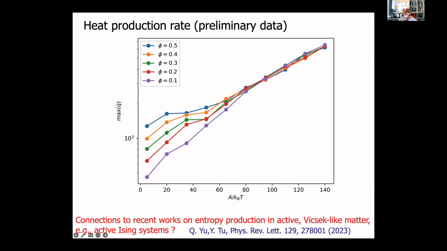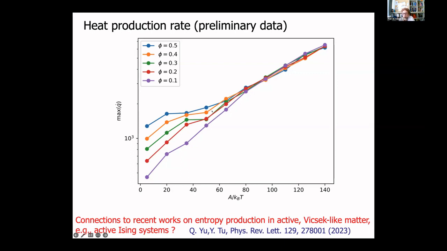These are just some preliminary data we have. It actually turns out that we do not see much. If we plot this heat dissipation as a function of the feedback strength over kT, these are data for different densities, and all of these values lie in the regime of coherent motion.